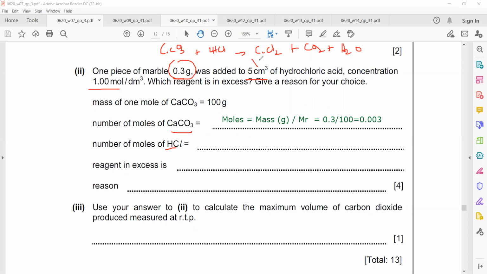Then number of moles of HCl. For HCl, the volume is given and the concentration. So how to get the moles from volume and concentration of a solution? Moles equal volume in dm cube multiplied by concentration.